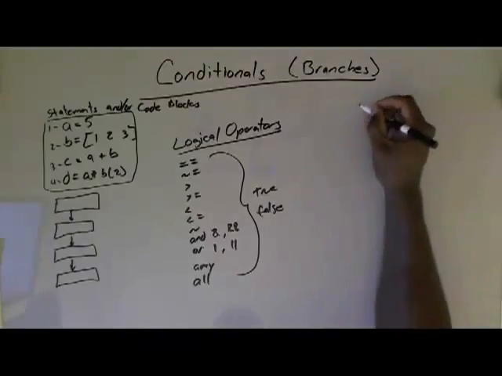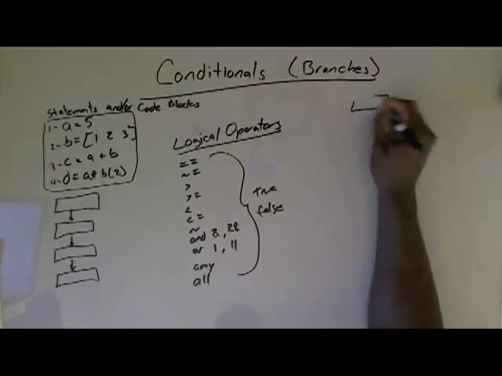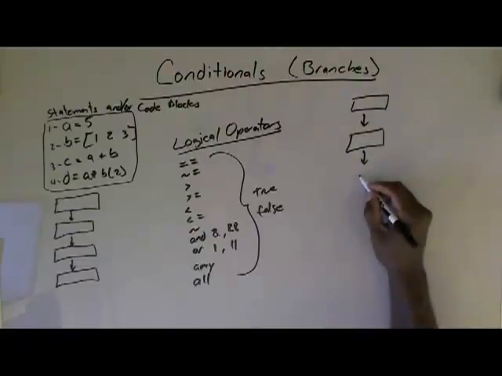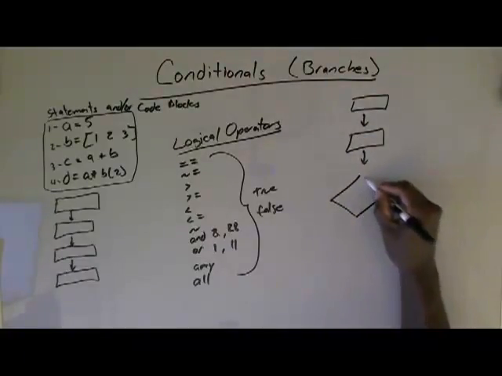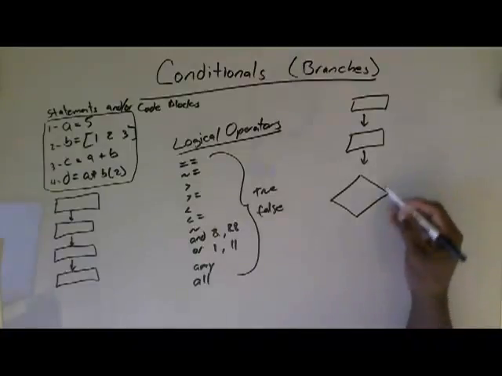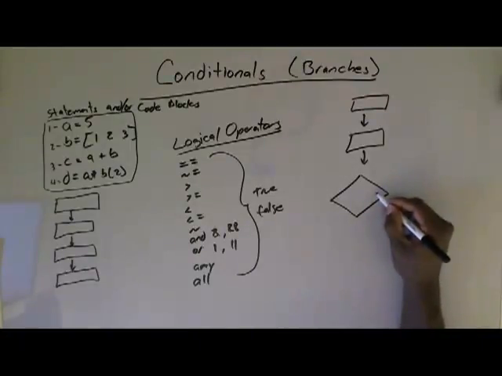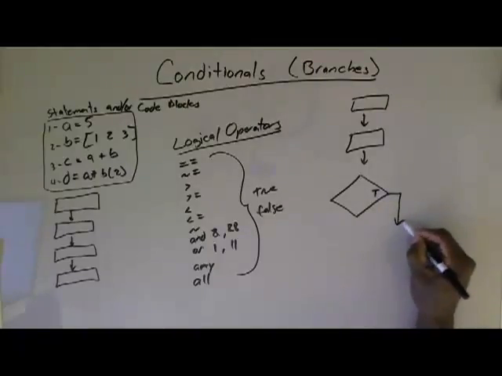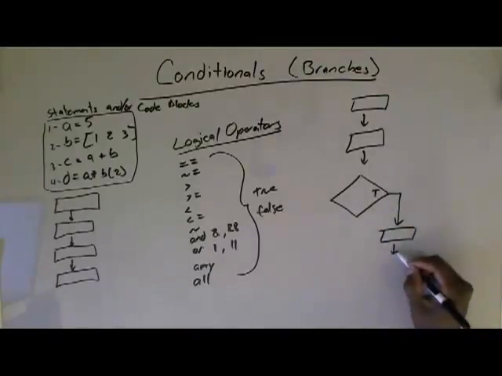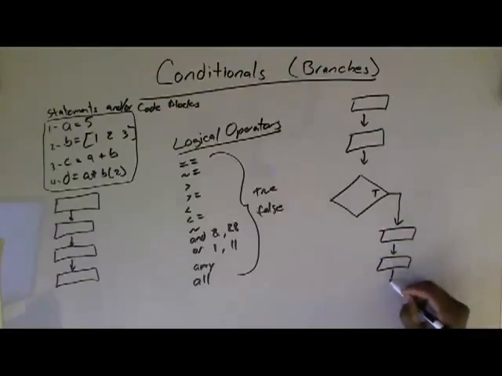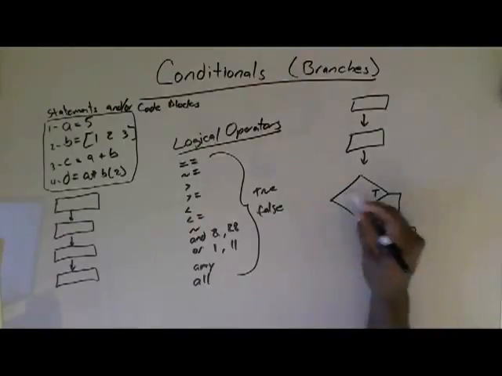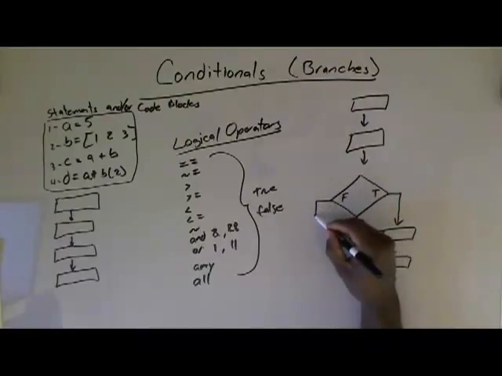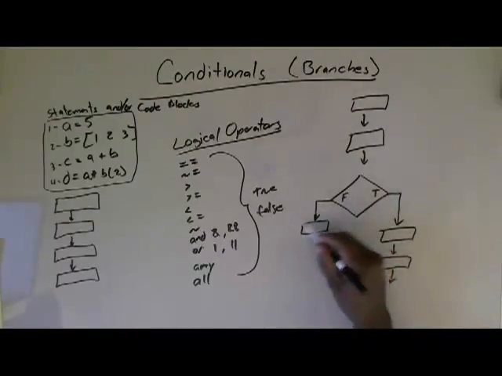The way it looks is that we're executing these blocks of code, and now we put in some conditional, which we'll represent flowchart style with a diamond. If that condition is true, then we'll execute these blocks of code, these statements. If that condition is false, then we may or may not execute these lines of code.